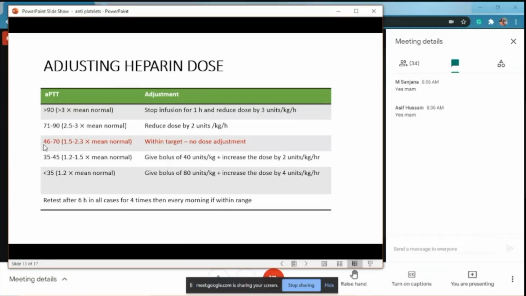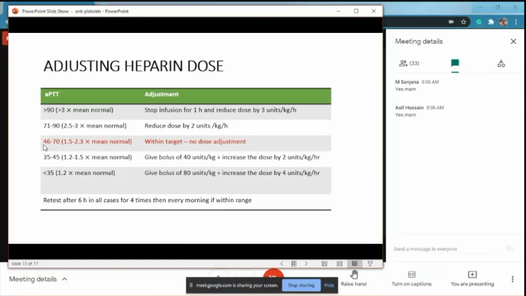Now, what if it's below that? If the APTT is below 35, we have to give a bolus.